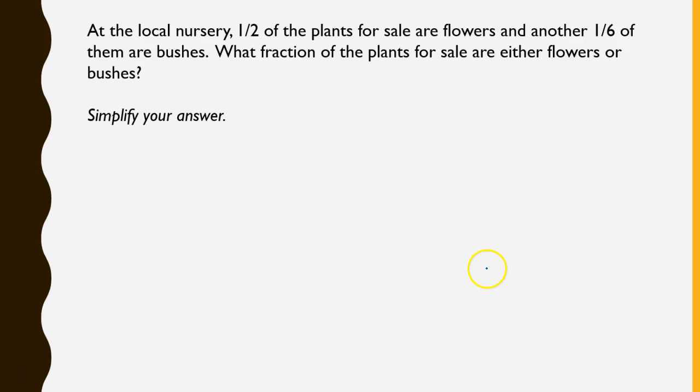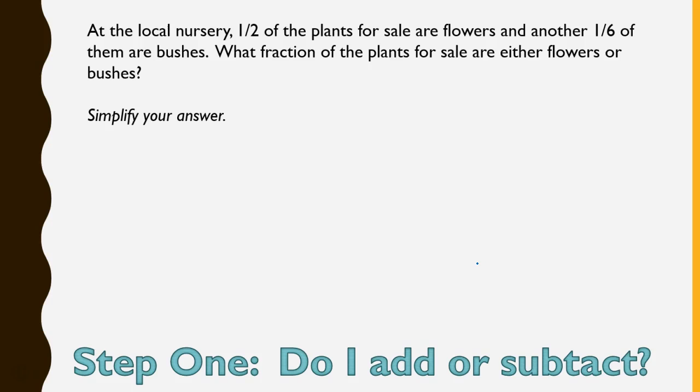Okay, last one that we're going to do together. So at the local nursery, 1/2 of the plants for sale are flowers, and another 1/6 of them are bushes. What fraction of the plants for sale are either flowers or bushes? Okay, so we need to decide, are we adding or subtracting?